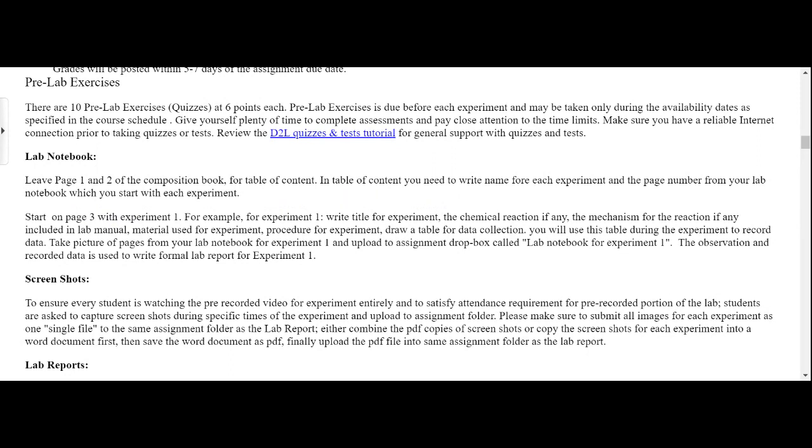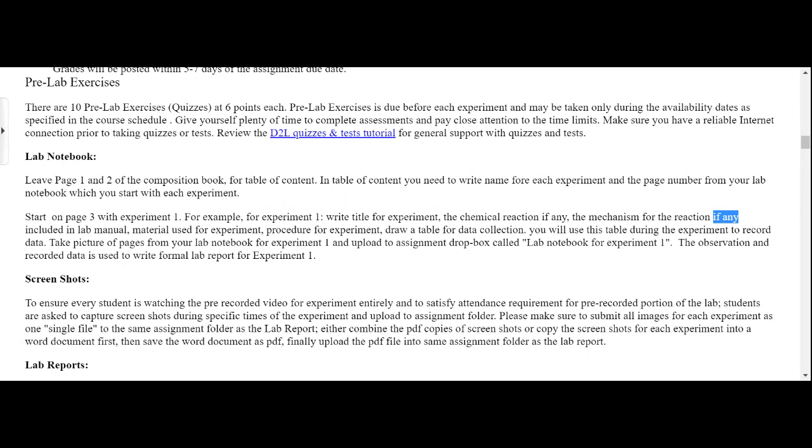What goes in there is the title of the experiment, and then chemical reactions, if any, because for organic 1 we don't have many reactions. If your experiment contains a reaction, you copy it from the ebook. Mechanism, if any: most organic 1 experiments don't have a mechanism, but if it does, you copy it into the lab notebook.